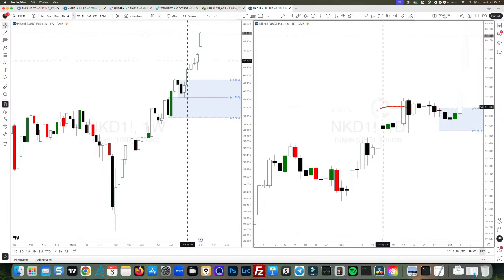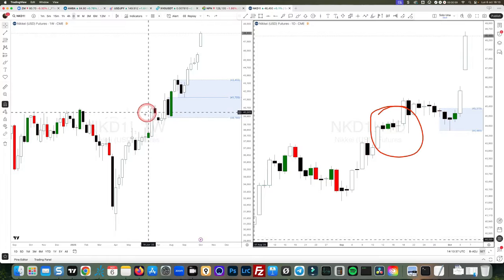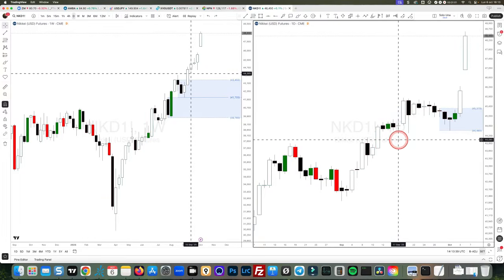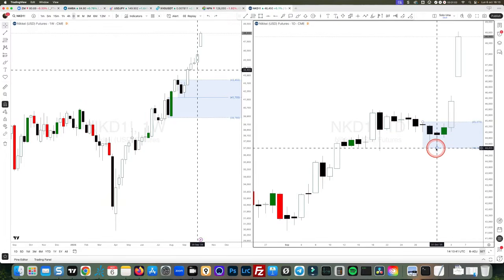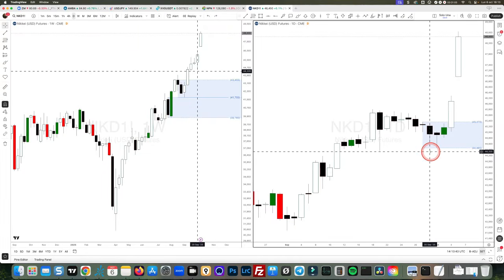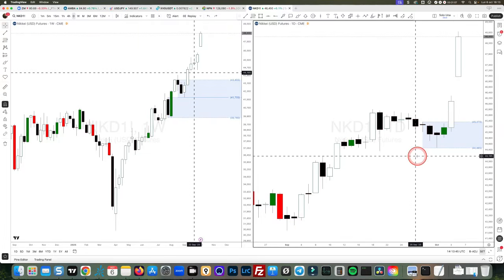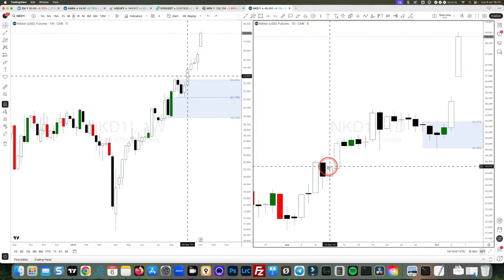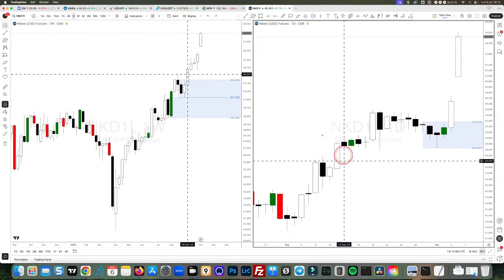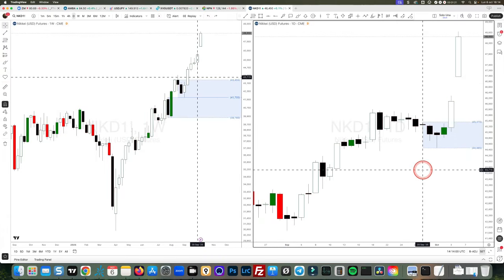I'm going to be using the daily time frame here on the right side and the weekly time frame on the left, and sometimes I'm going to switch to the smaller time frames like the 4 hour. Supply and demand does not require you to pay attention to news events, unless obviously you are trading the smaller time frames for intraday and scalping, where these gaps could take you out of your position.